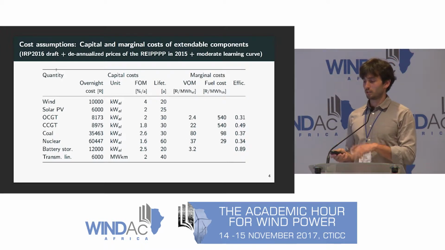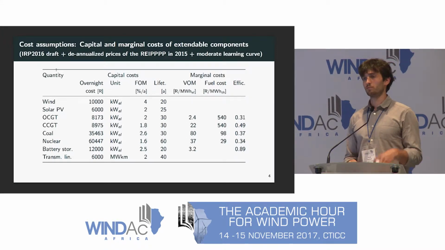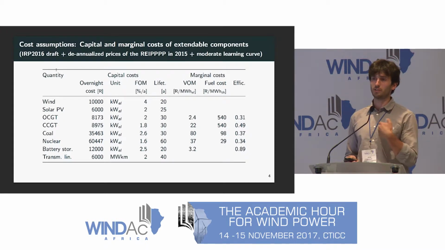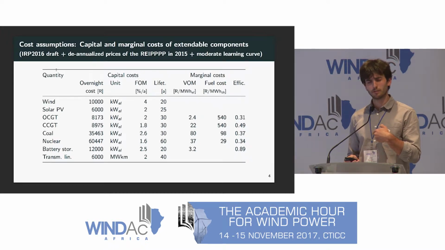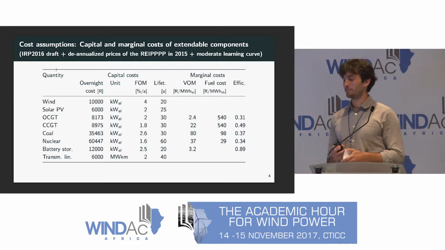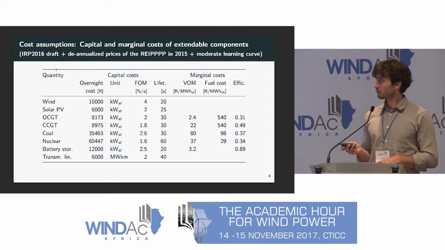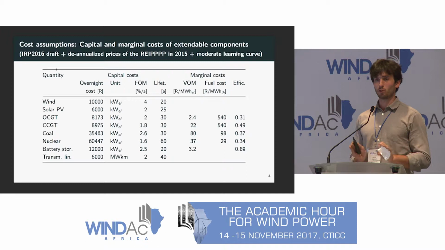The rest, so the renewable energy and the battery, is from the CSIR, who calculated it from the renewable RIPPBP pricing scheme, which you had in 2015, and then a moderate learning curve.